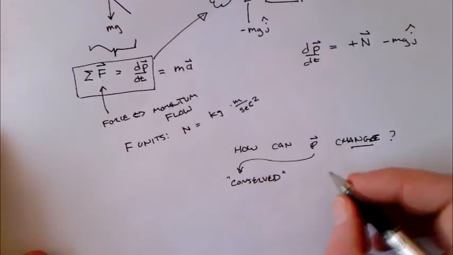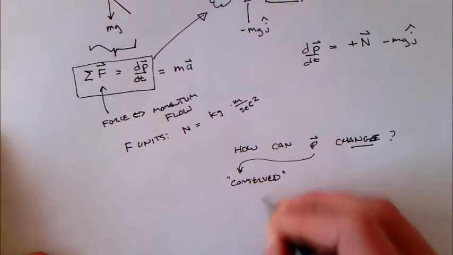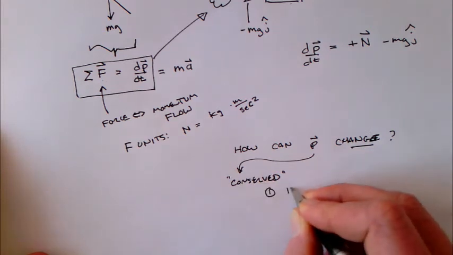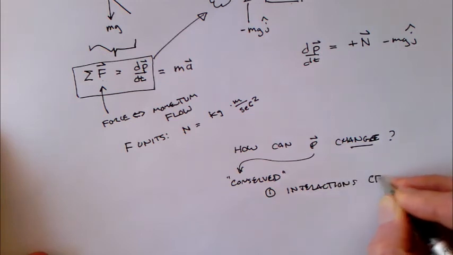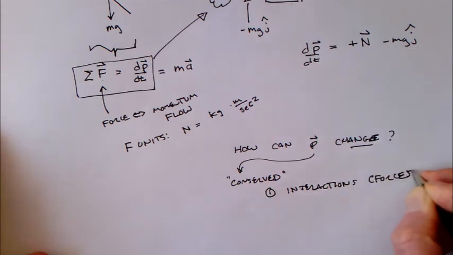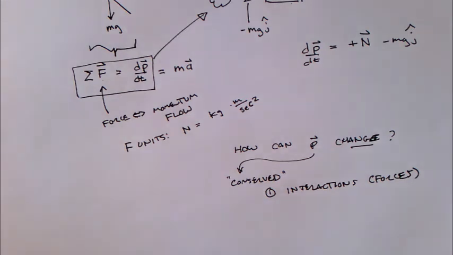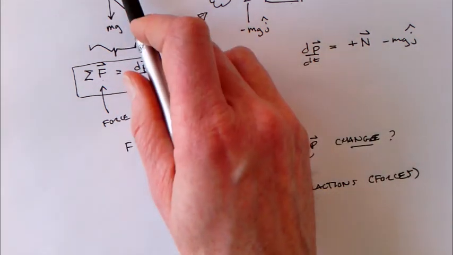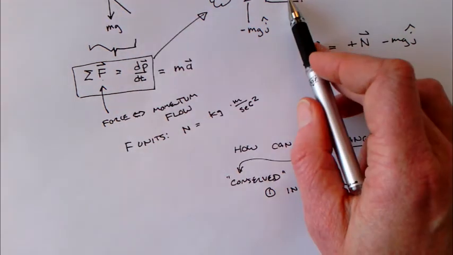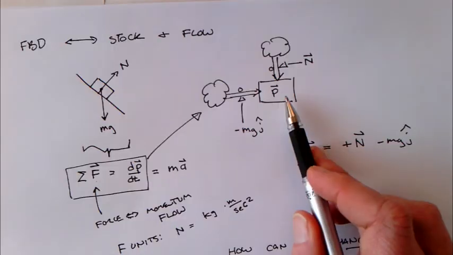And so the things that cause momentum to change are, one, interactions, which is to say forces. Okay? So when you apply a force to something, you can cause the momentum to change. And so in this particular case, you've got both gravity and the normal force acting on it. That's going to cause the momentum to change in this case.